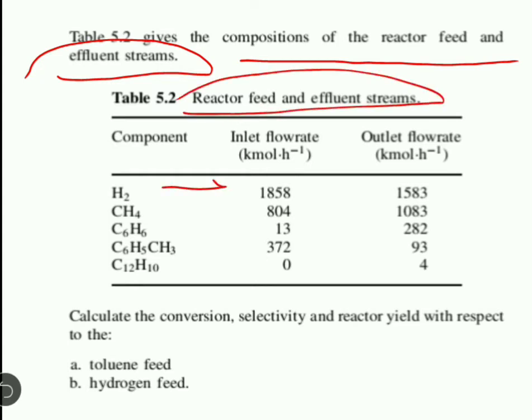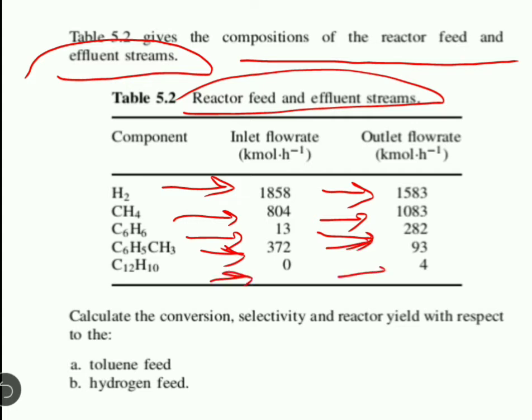H2 is given to the reactor in kilomoles per hour, then the output of H2, then methane and its output, then benzene and its output, then diphenyl and its output. All these are given for the reactor.